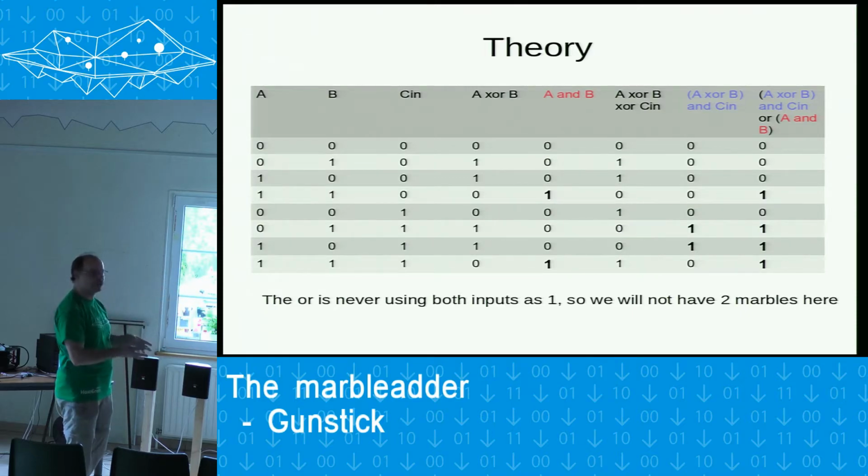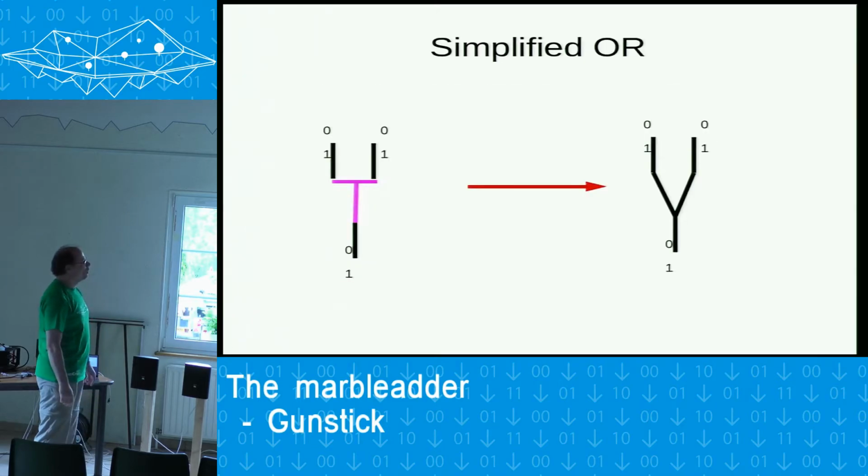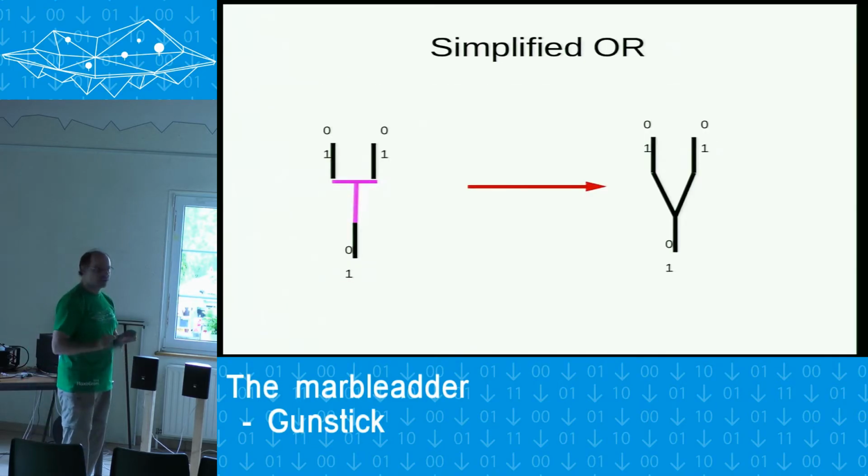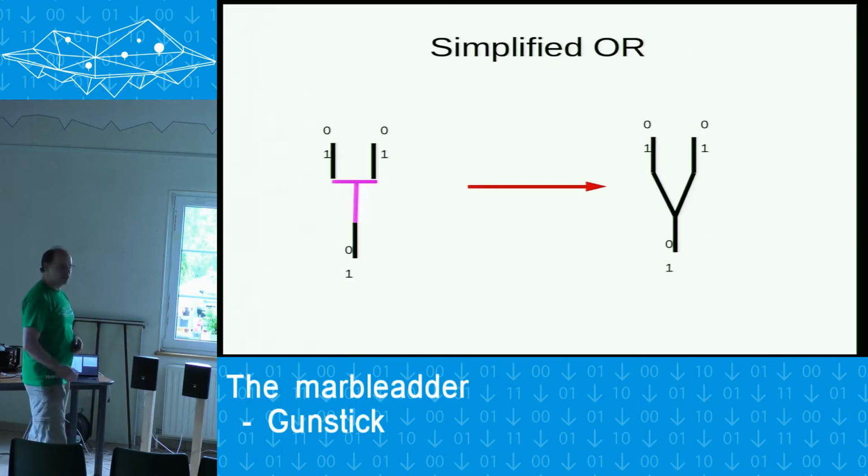So basically, if you operate this with marbles, there's either a marble coming from the A and B, or from the A XOR B, and never from both. So you never have a problem of two marbles being on one single track and having 2 bits going into an input gate, which results in an OR gate being basically 2 tracks for marbles running into one, which simplifies the OR gate being this bit to this.